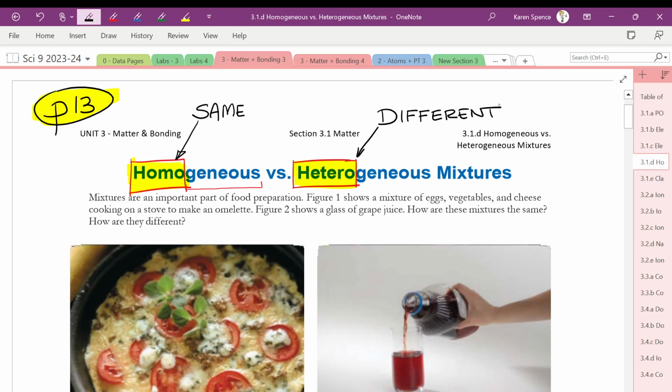So homo means the same. Hetero means different. So we live in Canada, and there's this thing in our dairy cabinet at the store called Homo milk. Yes? You've seen that? It means homogenized milk. You know how when milk comes out of a cow, the fat part will separate from the watery part, yes?